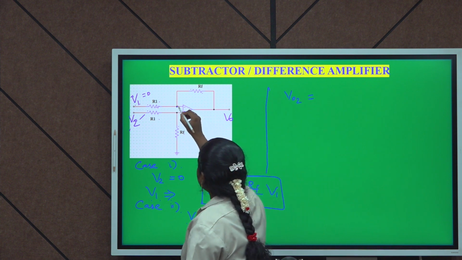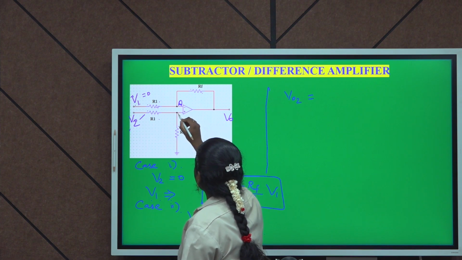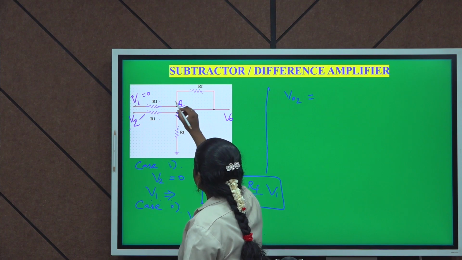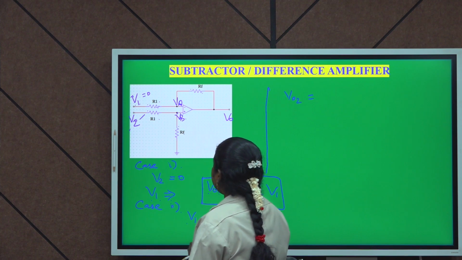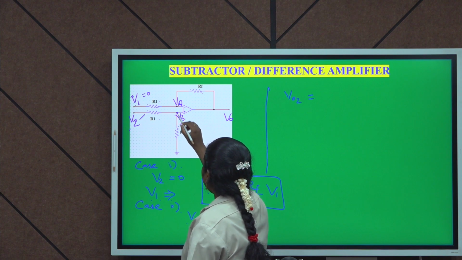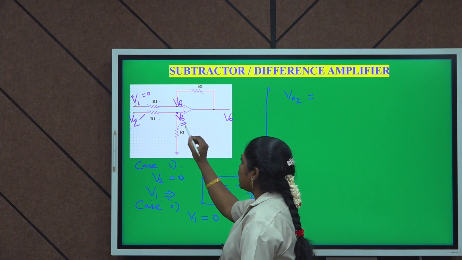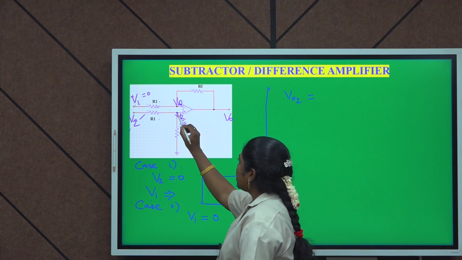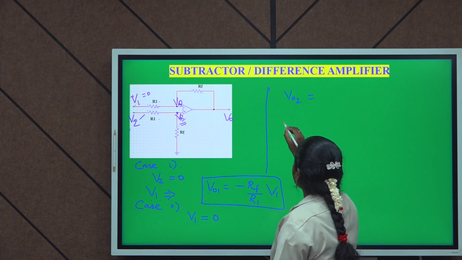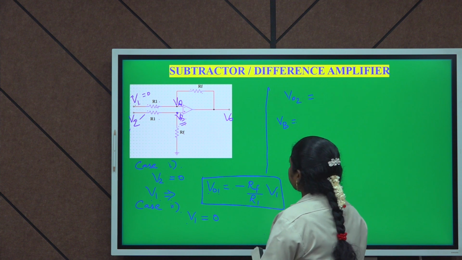We will consider the potential at this point as VB, and the potential at this point is VA. So we will find the potential VB at this point. To find the potential at this point, we need to consider the potential divider rule.